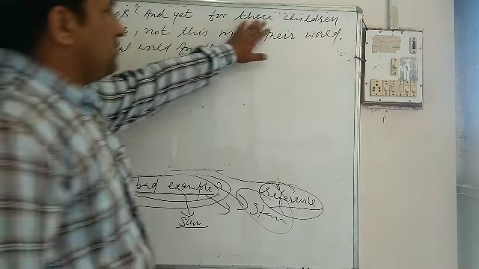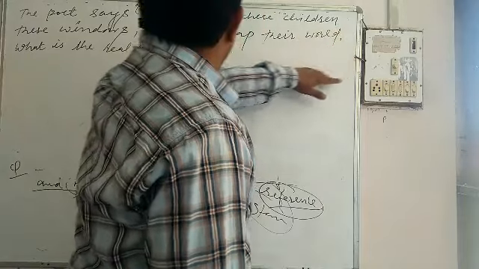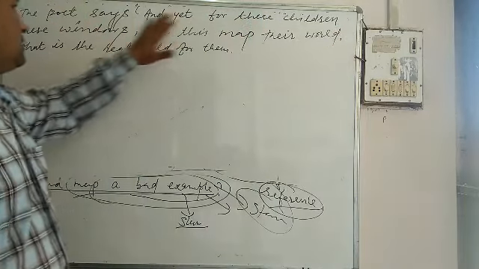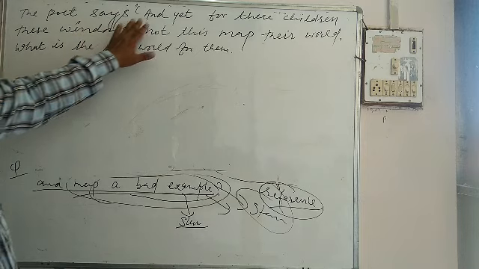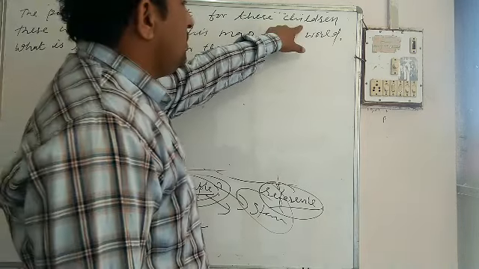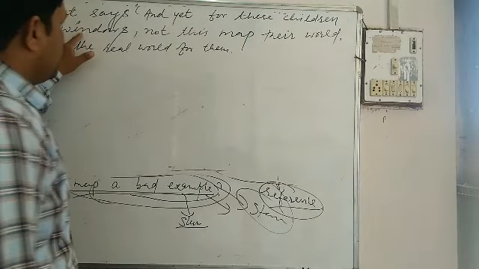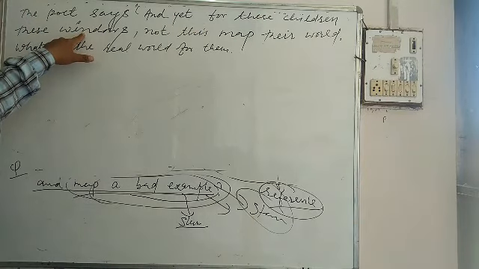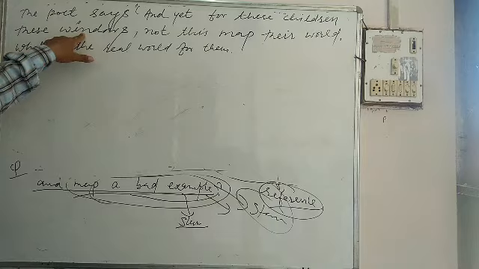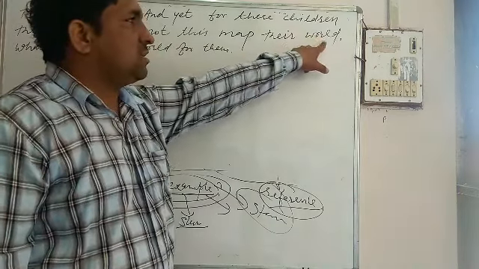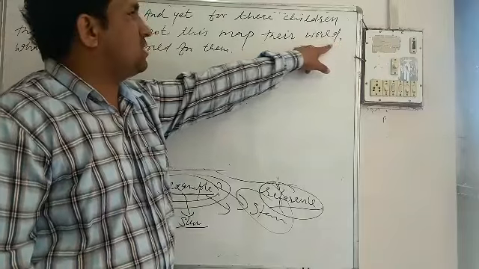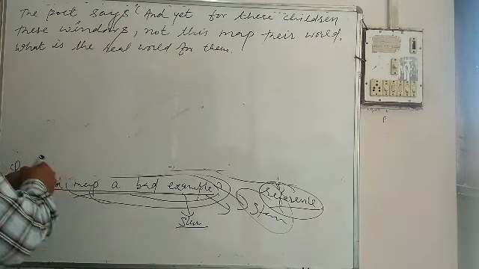This is one of the lines from the poem. And yet for these children, slum children, these windows, restricted area, वो जो locality है उसके लिए, not this map. Their world does not exist in that which is shown in the map. Try to understand the question. What is the real world for them?